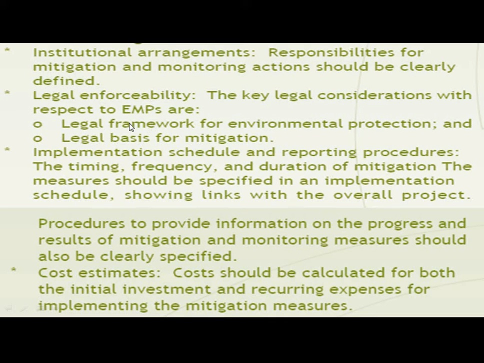Who is given responsibility? Legal enforceability: what is the legal framework within which they have to operate? So this is clear. The procedure to provide information on the progress and results of mitigation and monitoring measures should also be clearly specified. How do you report it? How is it working or not? Are they following it or not? Cost estimate: cost should be calculated for both the initial investment and recurring expenses.